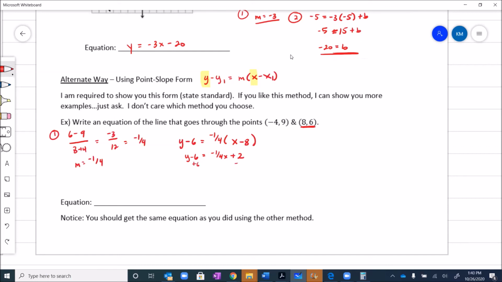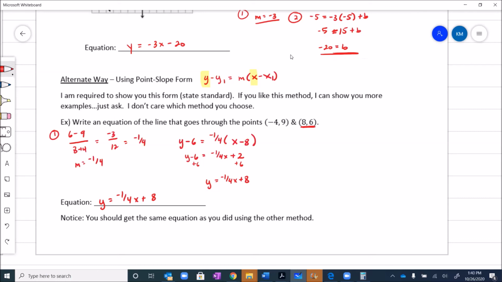We'll do that by adding 6 to both sides. We get y equals negative 1/4 x plus 8. Our y-intercept's 8, our slope is negative 1/4, works out the same. Should be the same equation as we just did in the other method.